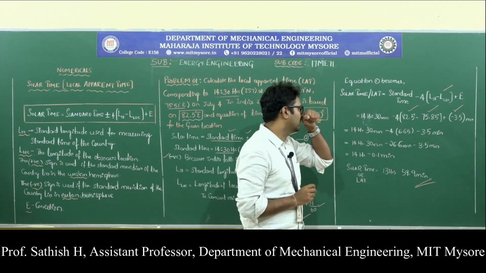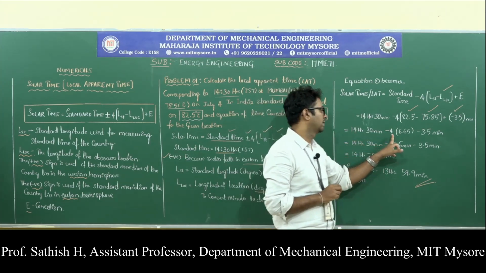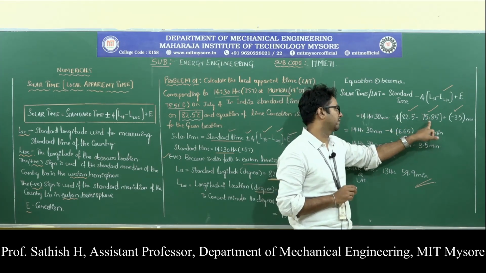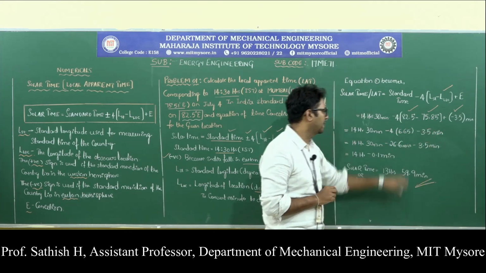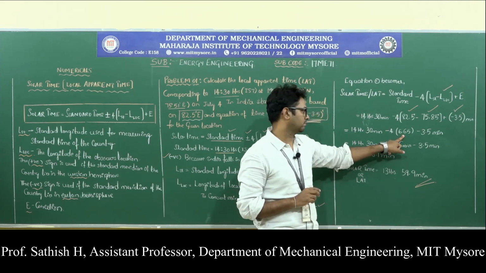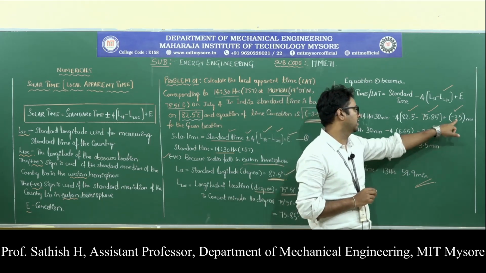Let us simplify further. This is 14 hours 30 minutes minus 4 into 82.5 degrees minus 75.85 degrees. It comes up to 4 times 6.65, which is in degrees itself, minus 3.5 minutes.